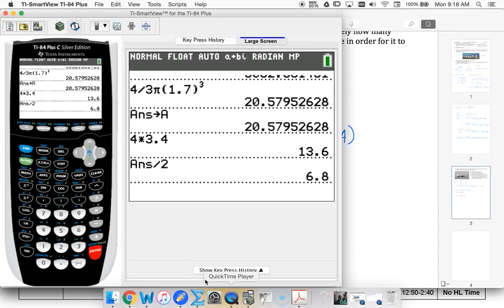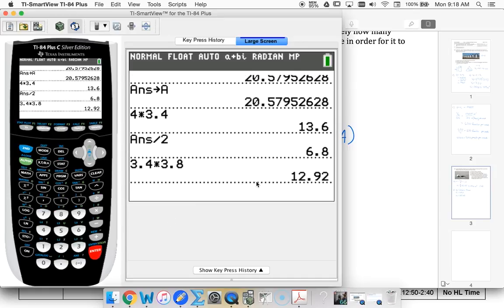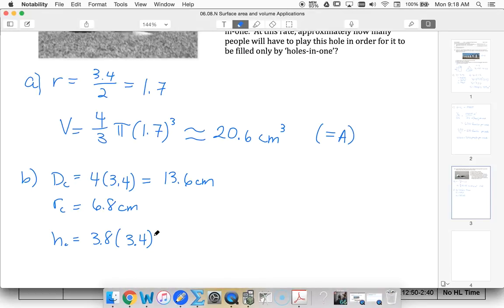So let's work this one out. And even though I have more than 3 significant figures, this is an exact value, so I'm not going to round. So 12.92 centimeters, and I could even make a note saying that that's exact, so that the person marking my paper knows I haven't rounded.